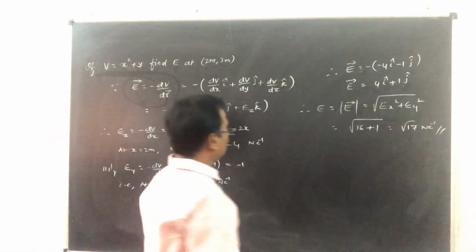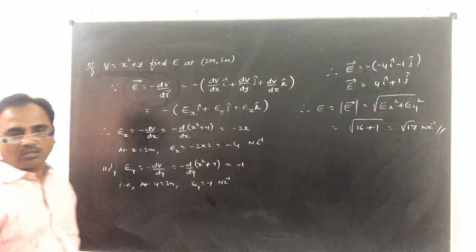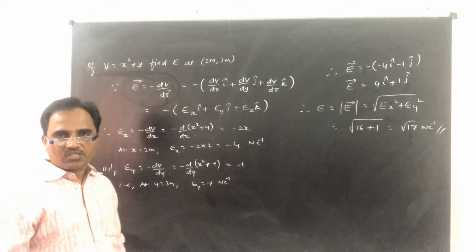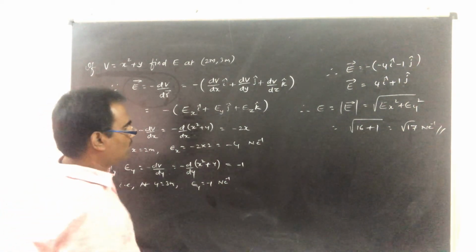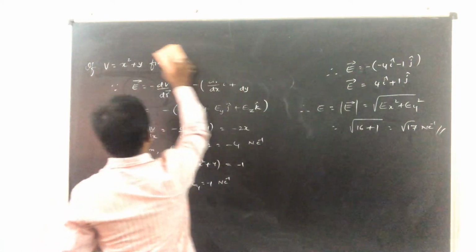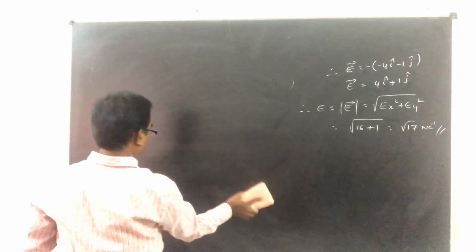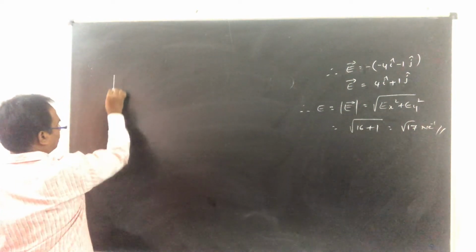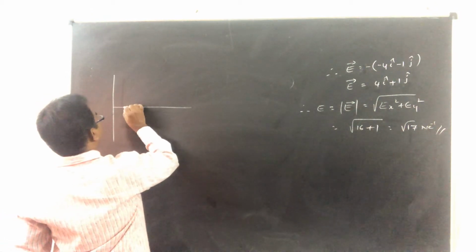Similarly, in the competitive examinations, you can expect varieties of questions based even on equipotential surfaces also. Once in JEE Mains this question was asked. So these are equipotential surfaces.